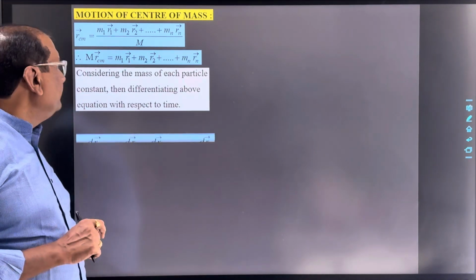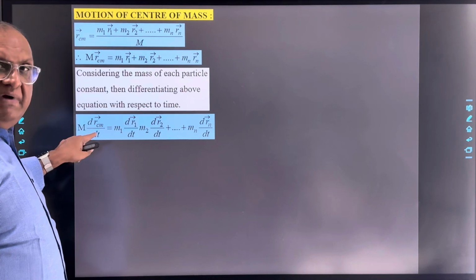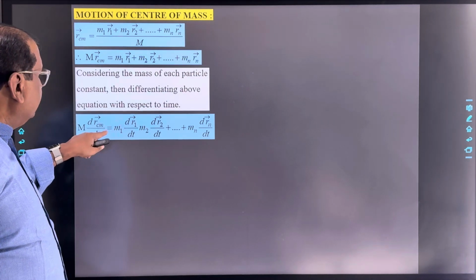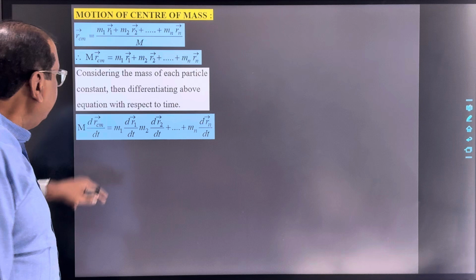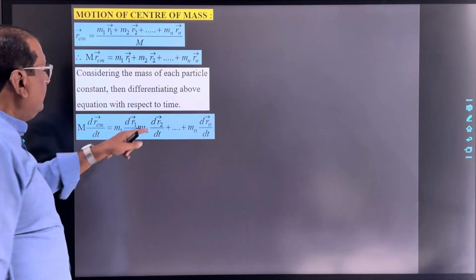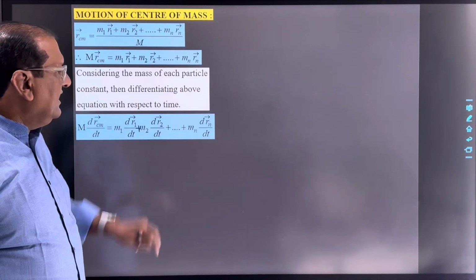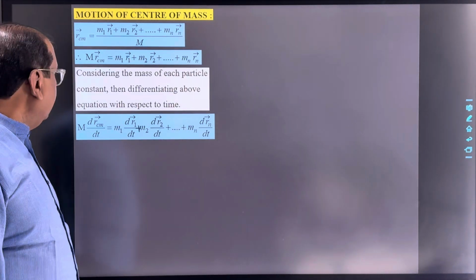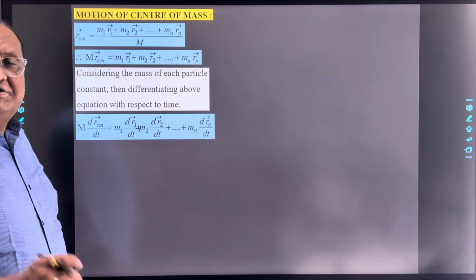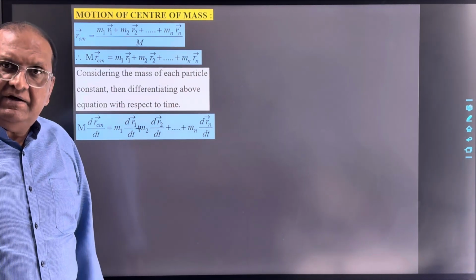Now, considering the masses of the constituent particles as constant, let's differentiate this equation with respect to time t. We can write M dR_CM/dt on the left-hand side, equal to M1 dR1/dt + M2 dR2/dt + ... + Mn dRn/dt. Differentiation of position with respect to time gives velocity.